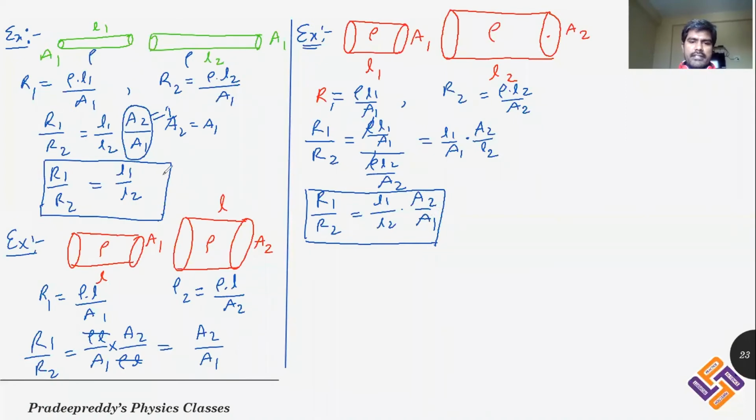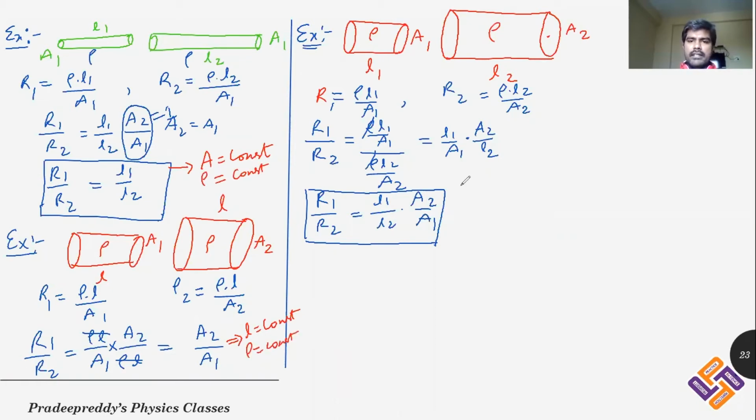Only in this first example, what we have considered is A is equal to constant. In the second example, we have considered L is equal to constant, and here also rho is equal to constant.